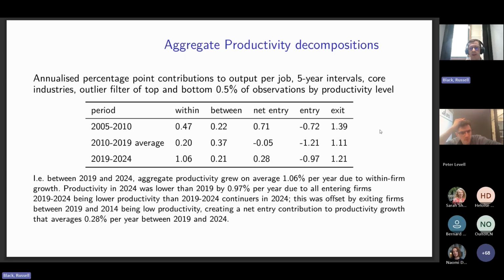If it was the other way around, it wouldn't be, but we do have years where it actually is the other way around, where the entry component is low enough productivity that the overall net entry is negative. Mostly it's on the low productivity entrants rather than the not quite enough low productivity companies exited, even though the exit contribution has fallen a bit.